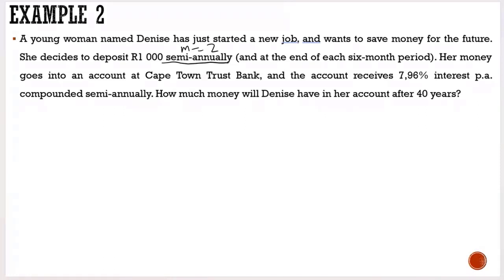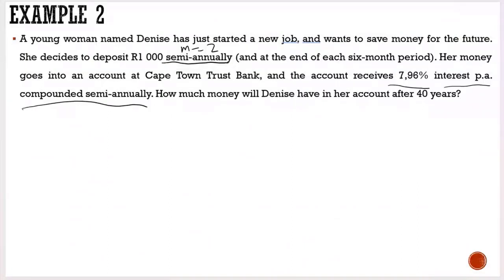So we've got our M there, and her money goes into a bank account at Cape Town Trust Bank, and the account receives this interest, compounding semi-annually. So we are happy. Both our payment and our interest have the same compounding periods, so we don't need to stress about converting anything.